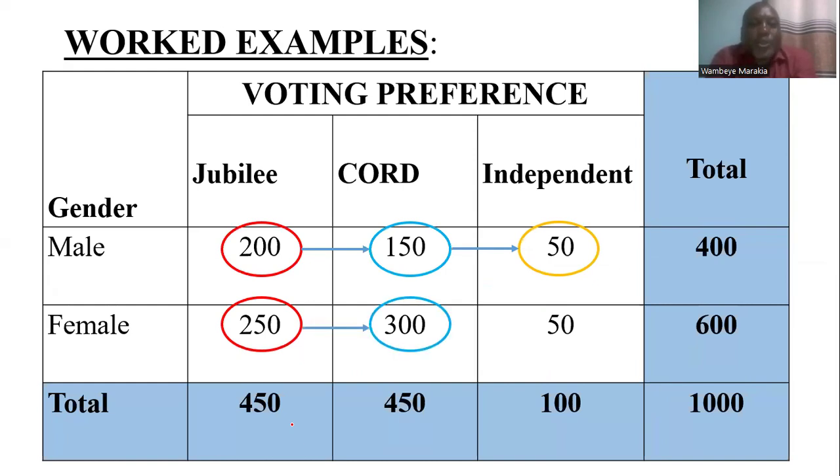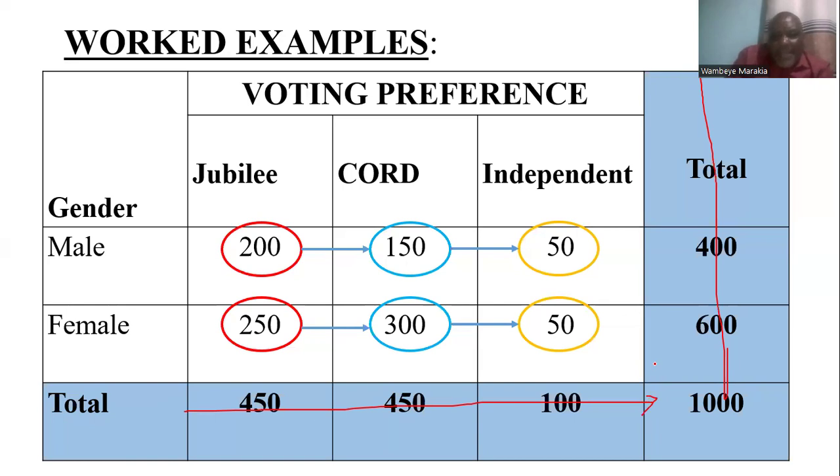Then those who voted for CORD, they are 300. Then those who voted for independent candidate, they are 50. Then the total there is 600. So we have the marginal totals, and the grand total for these is 1,000 here. So this 450 plus 450 plus 100 is 1,000. And when you get the total on this side, 400 plus 600, you get 1,000.